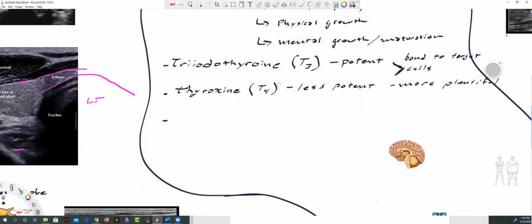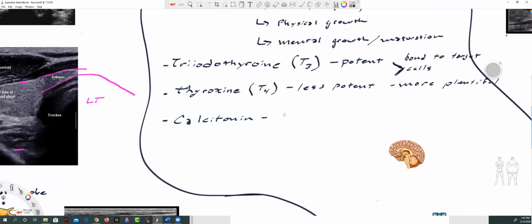All right, so the third is a little bit different. Calcitonin. So these guys are really your basal metabolic rates. Calcitonin, well, that just has something to do with your calcium.